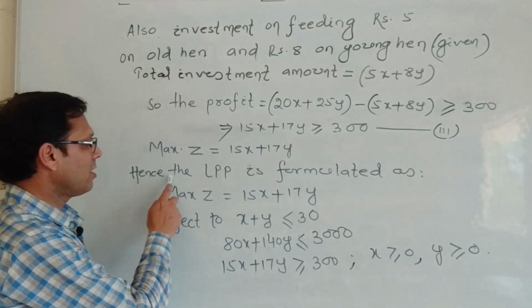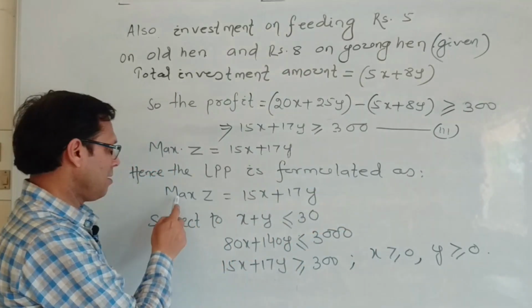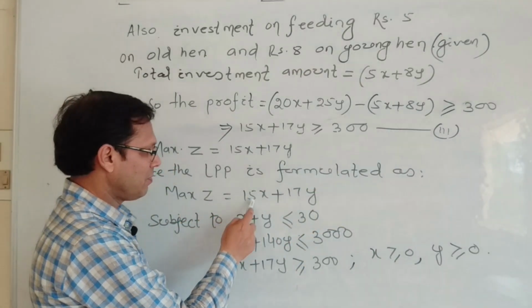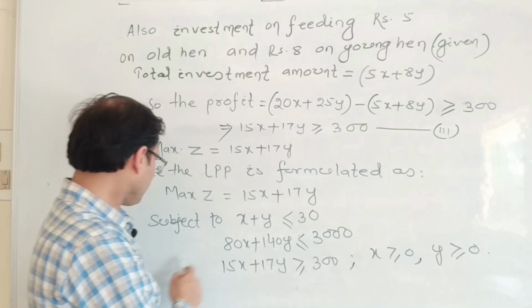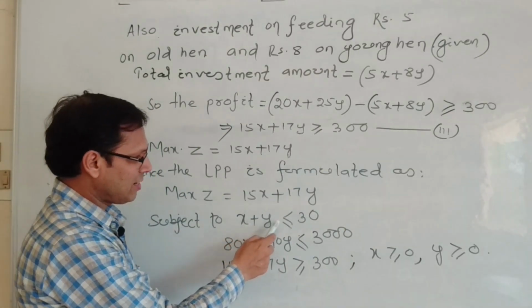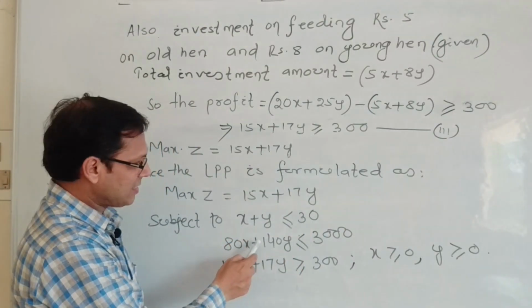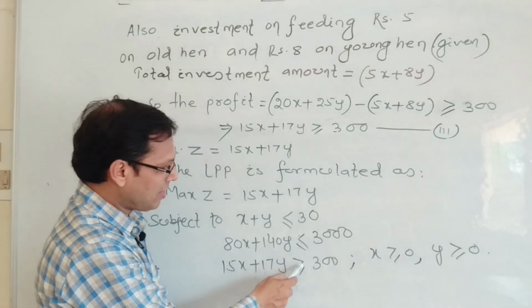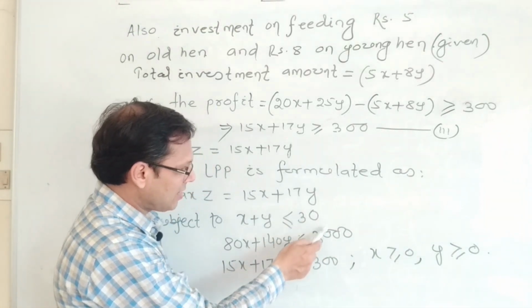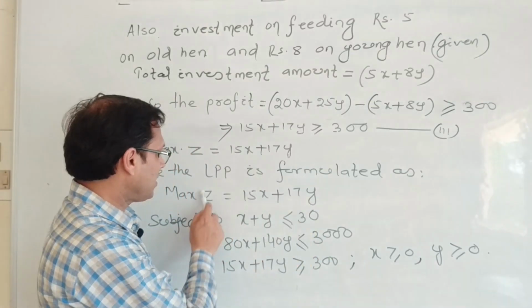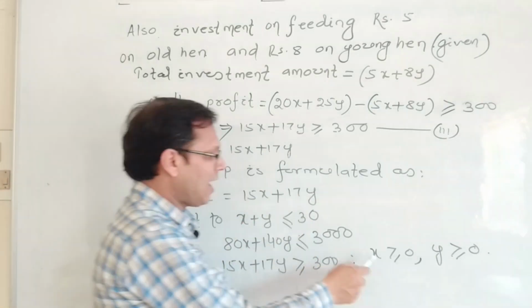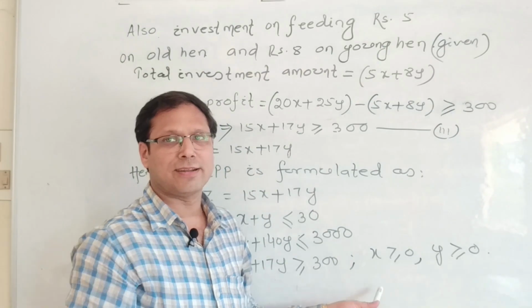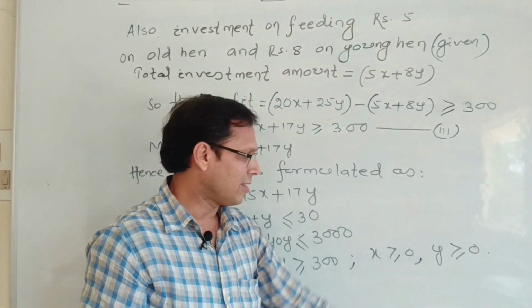So the given LPP is formulated as maximum z is equal to 15x plus 17y subject to x plus y less than equal to 30, 80x plus 140y less than equal to 3000, 15x plus 17y greater than equal to 300. These are the 3 constraints, the objective function should be maximized, and non-negative restriction x greater than equal to 0, y greater than equal to 0.